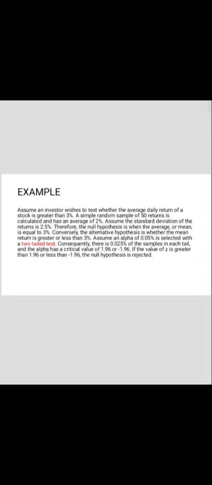If the value of z is greater than 1.96 or less than negative 1.96, the null hypothesis is rejected.